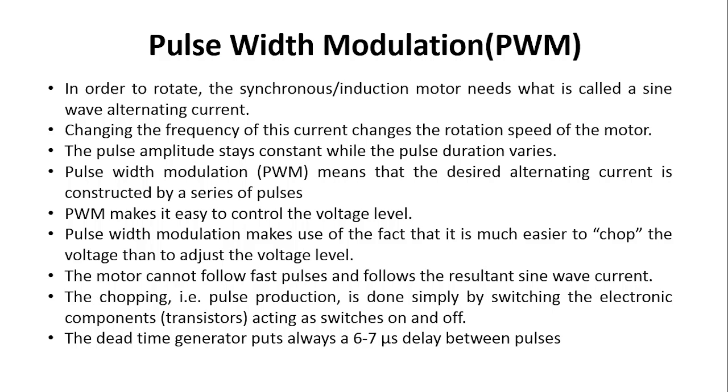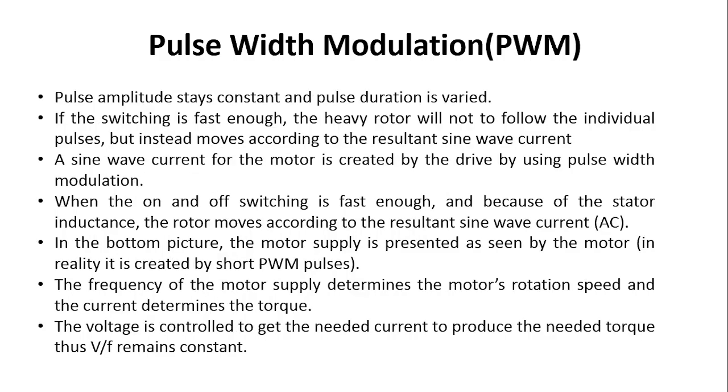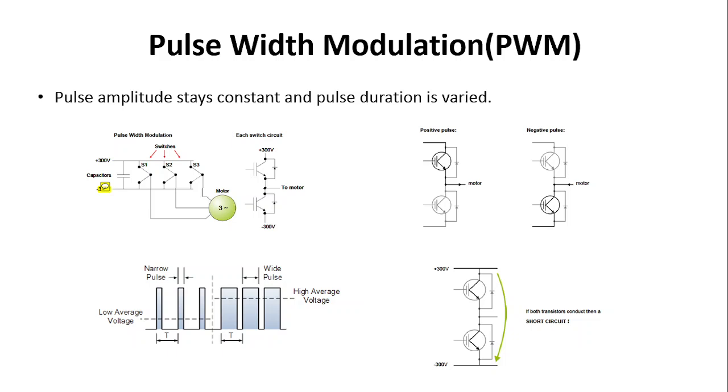Pulse width modulation is basically changing the width of the pulse according to the requirement. Between each pulse there will be some dead time, 5 to 7 microseconds, so that there won't be any short circuit.